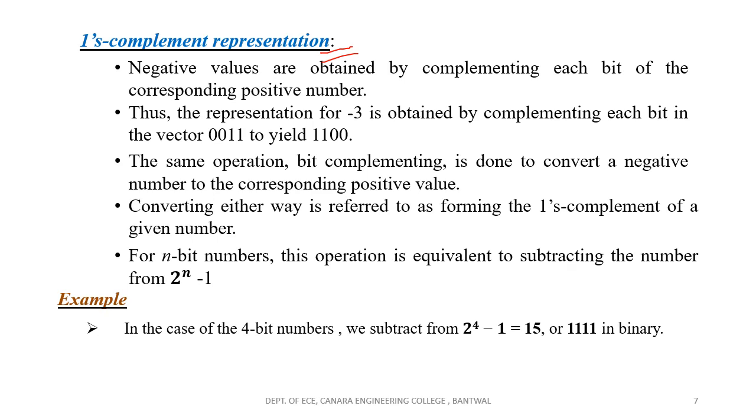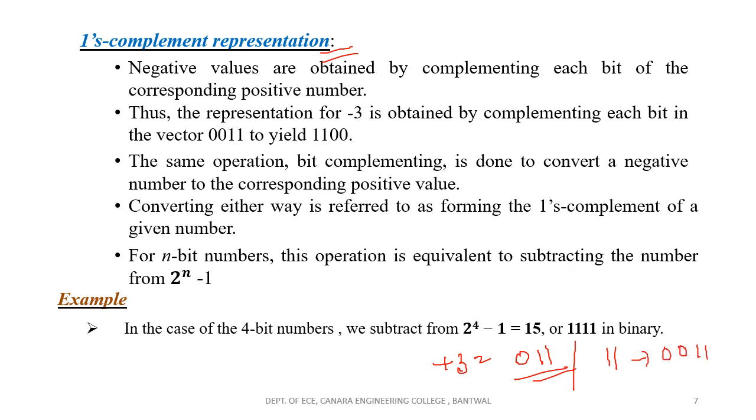For example, if we take the number 3, plus 3 is represented as 0, 1, 1 in 3-bit representation, or in 2-bit representation just as 1, 1. Let us take a 4-bit representation for the explanation. It can be written as 0, 0, 1, 1.